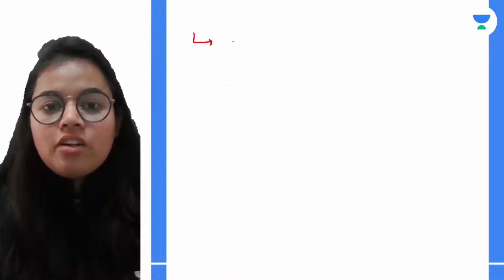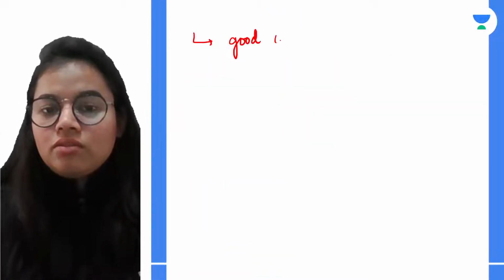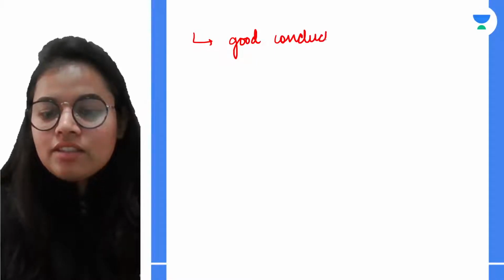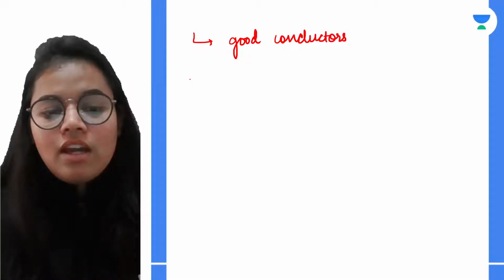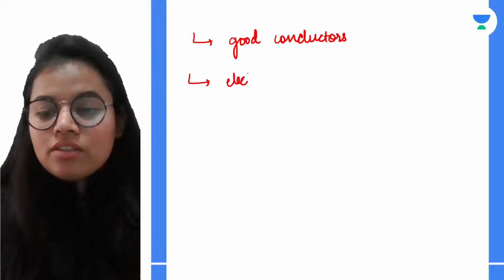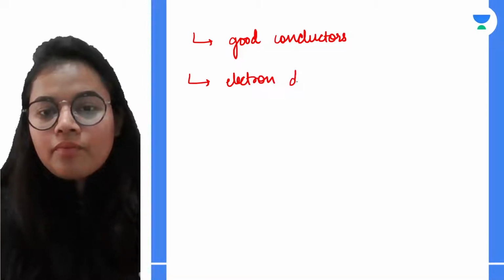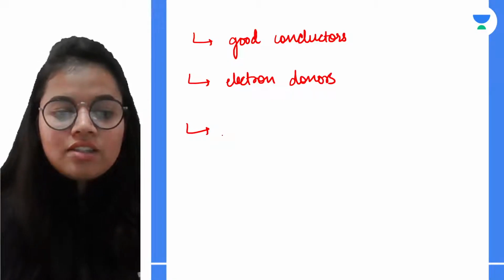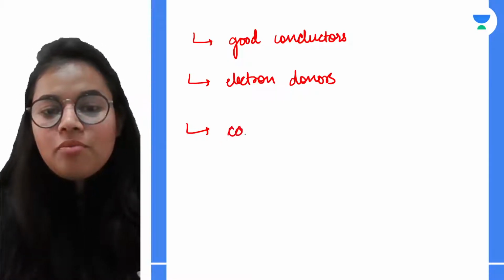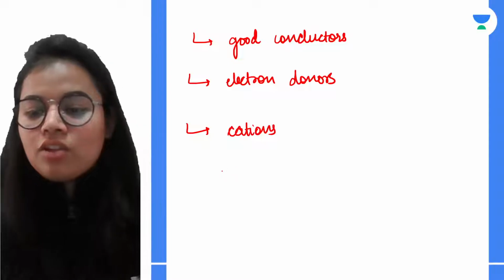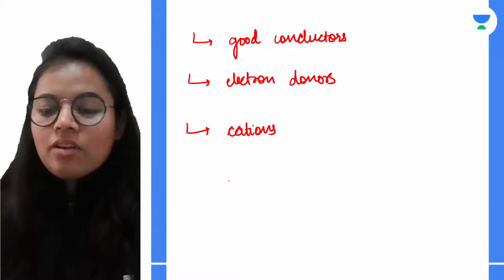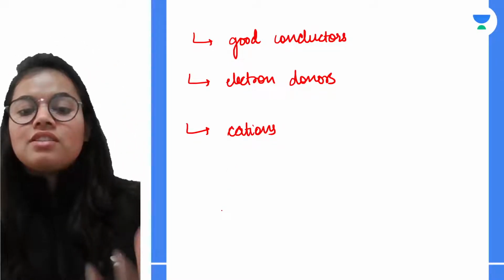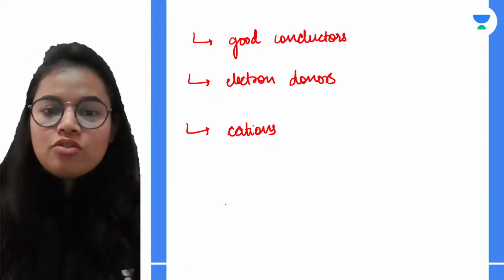Then they are good conductors of heat and electricity. They are electron donors, and they form positively charged ions, which are known as cations. So these are some of the general properties of metals that you should be knowing.